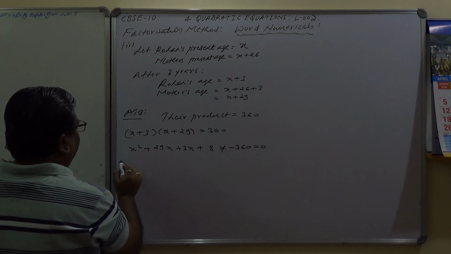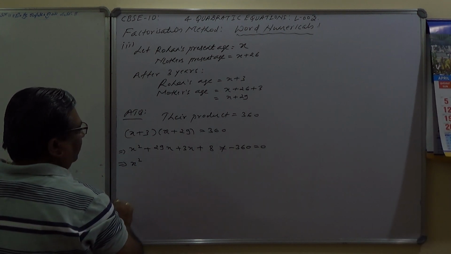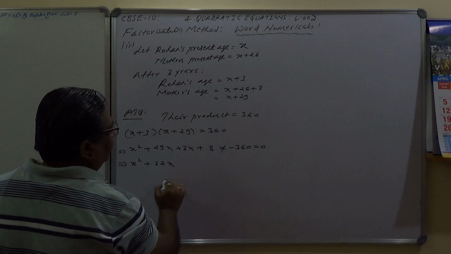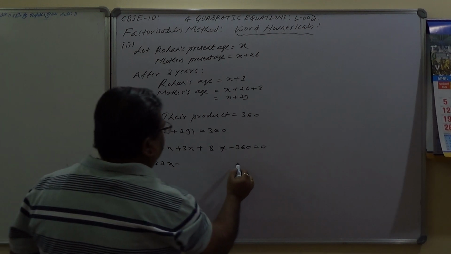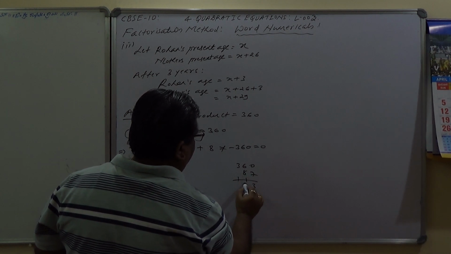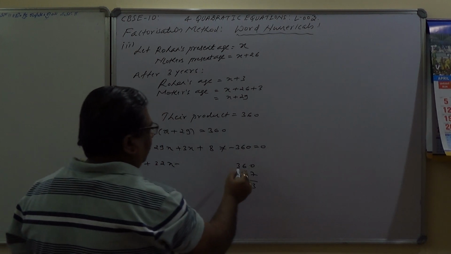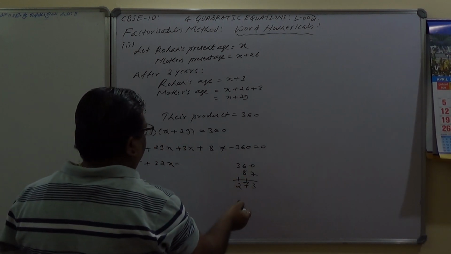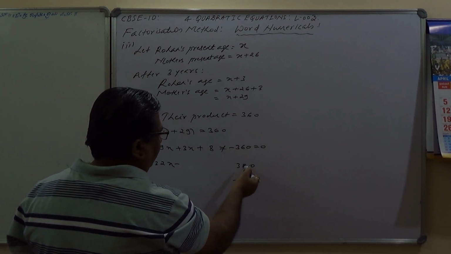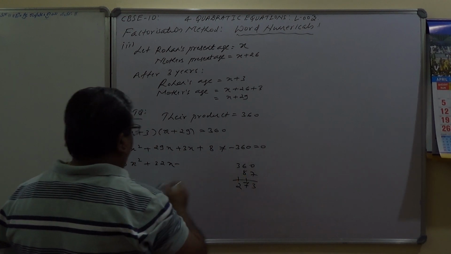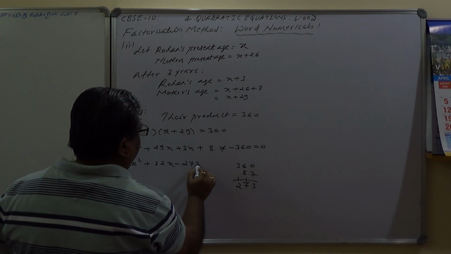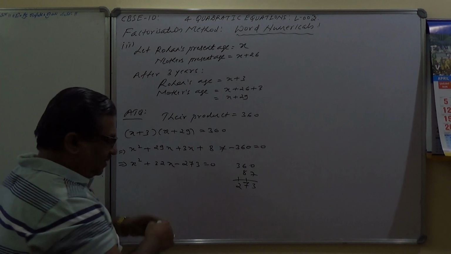Now this implies x square plus 32x minus 360 plus 87, which is minus 273. Is it right? Yes, it is 273. So x square plus 32x minus 273 equals 0.